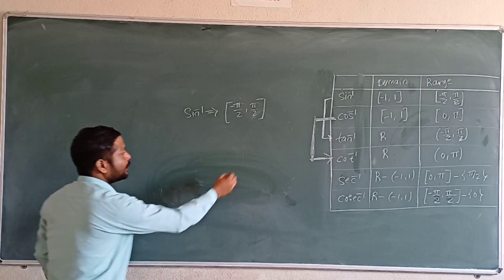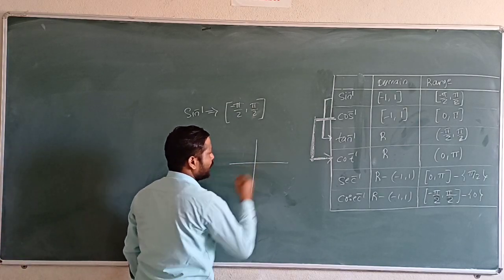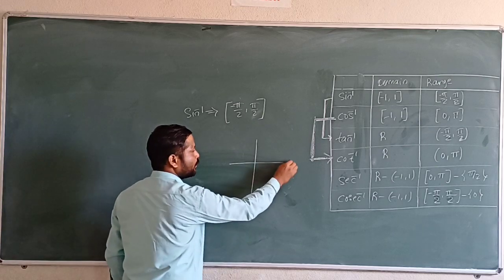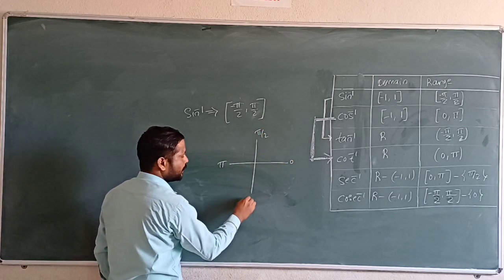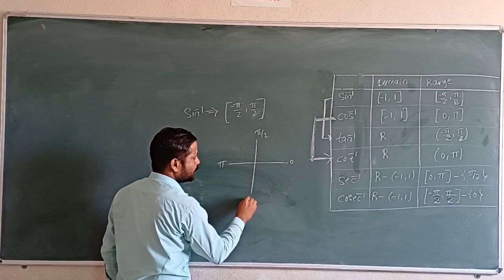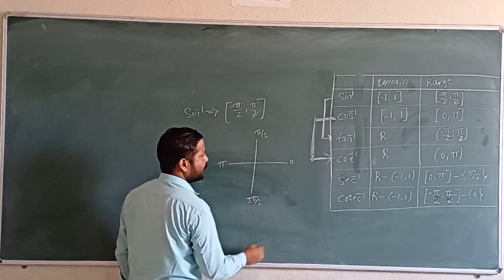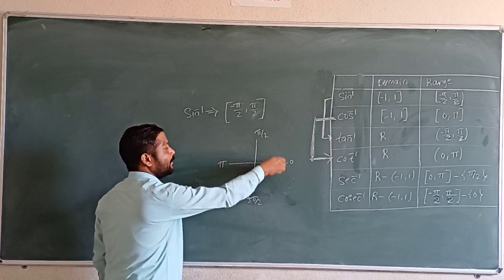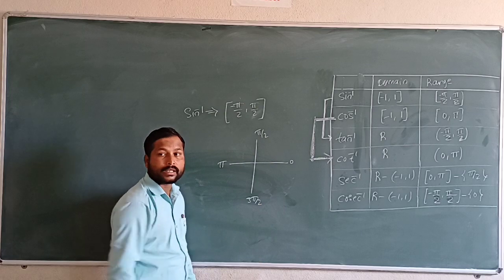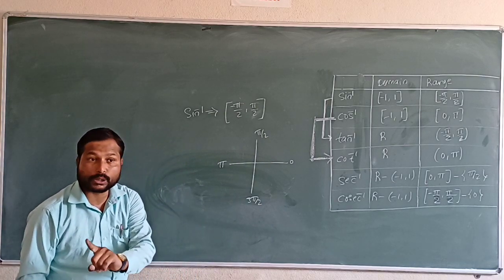Now take it as an axis here, right? It is 0 degree, it is 90 degree, pi by 2, it is pi, that is 3 pi by 2 here. If the revolving line is moved in the anti-clockwise direction, then it forms which angles? Positive angles.